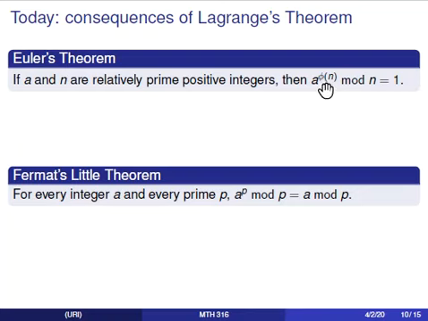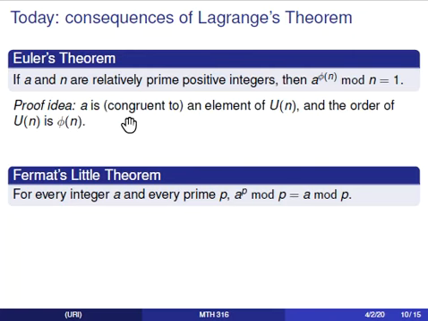Now phi of n is defined earlier in the text, back in chapter 4. This actually stands for the number of positive numbers that are less than n that are relatively prime to n. And that turns out to be useful to us in abstract algebra because that is the order of the group U of n. Remember, the group U of n was precisely those positive numbers that are less than n that are relatively prime to it. And that's why the theorem is true.